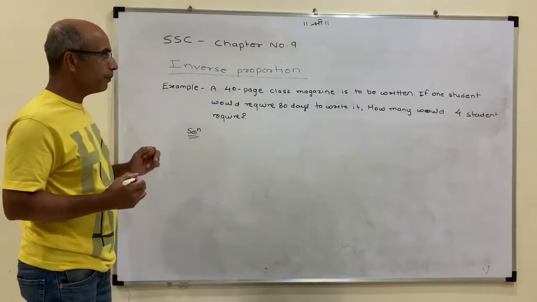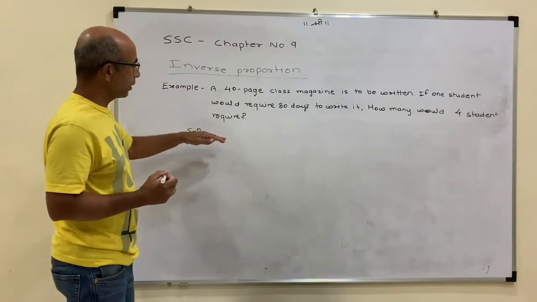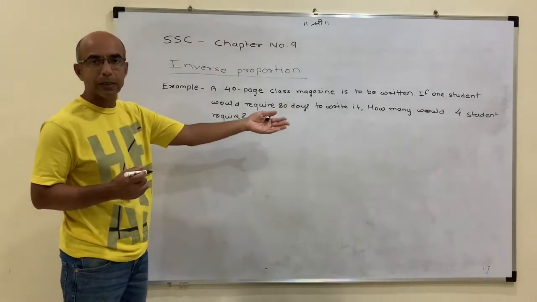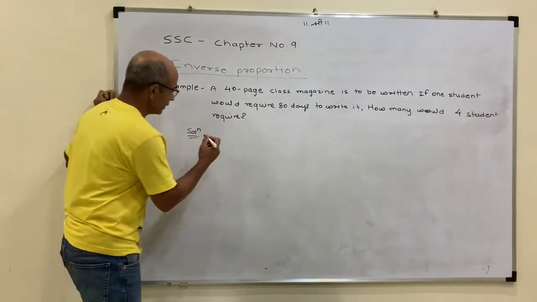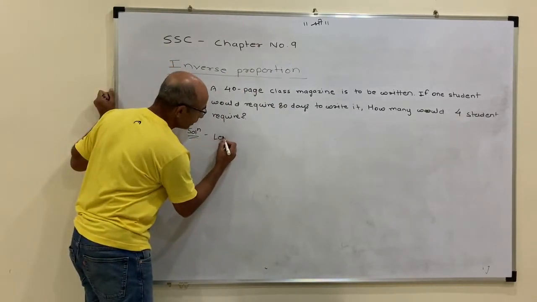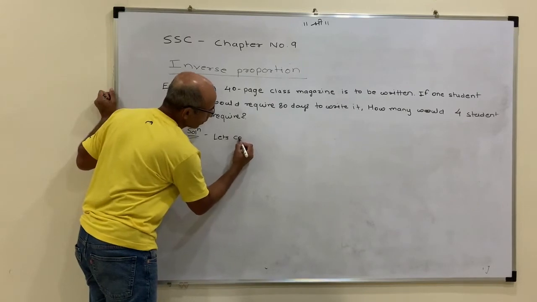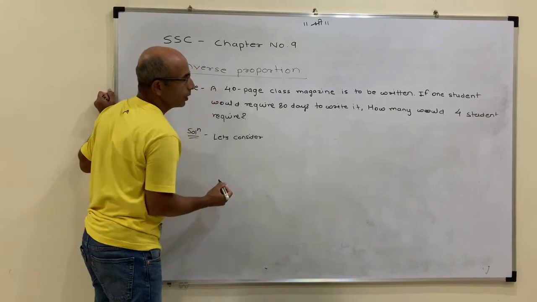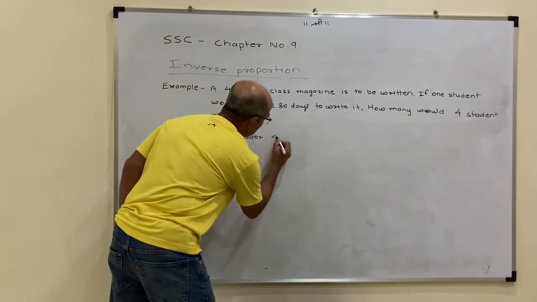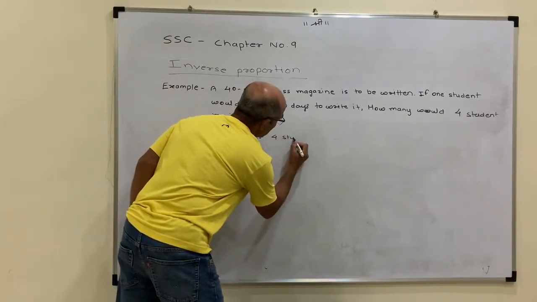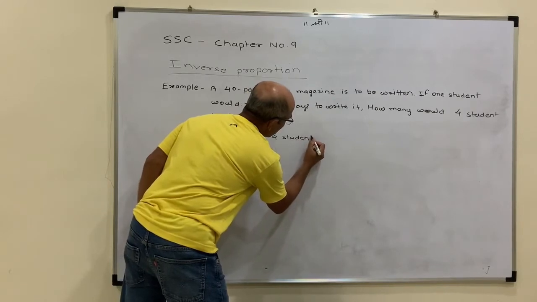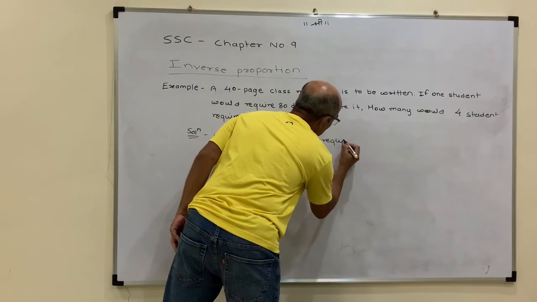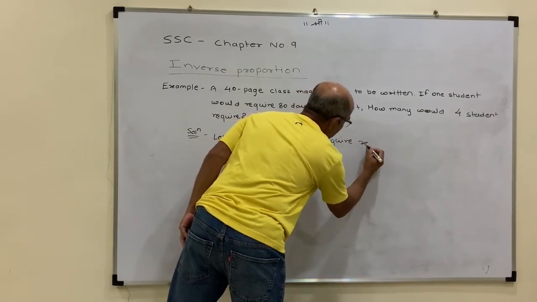The first step, which is very standard for us now, is that what is to be found out, we consider as x. So we say, let's consider 4 students require x days.